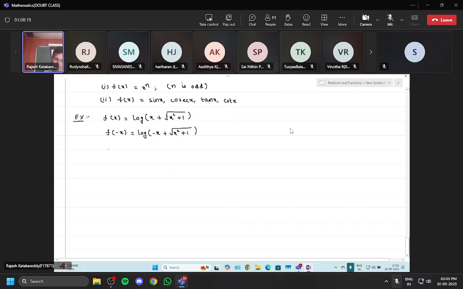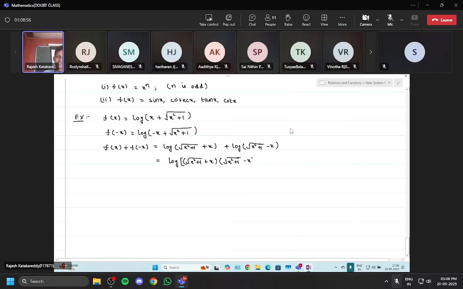First, I am adding here. If I add, f of x plus f of minus x will be equal to log of root x square plus 1 plus x, plus log of root x square plus 1 minus x. Now this is log a plus log b, which we can write as log a into b. So this is log of x square plus 1 plus x, into x square plus 1 minus x.